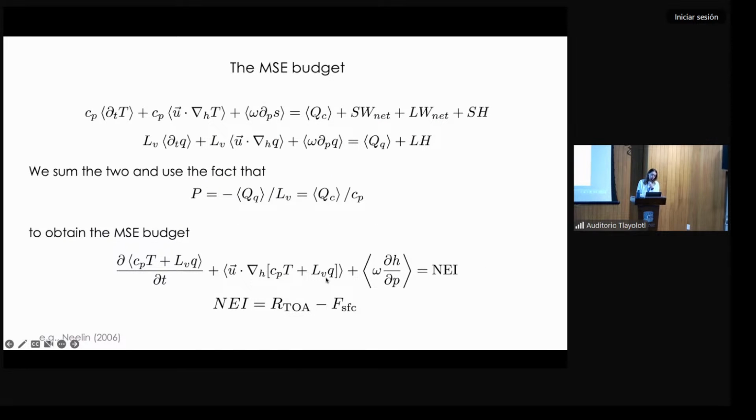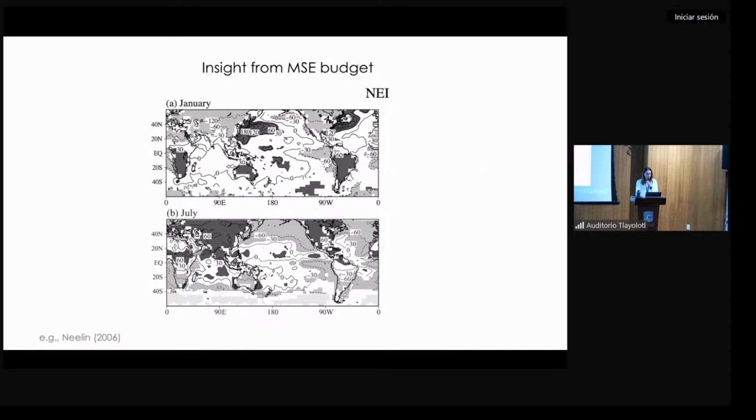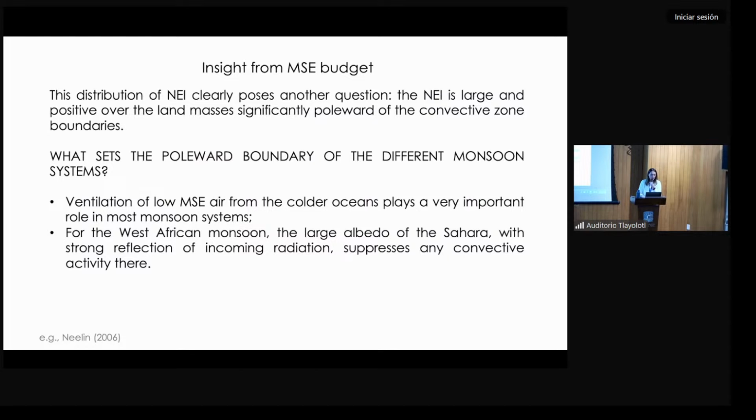And in fact, even moisture gradients, even in the tropics, are not that negligible. And so this is where ventilation comes into play. This is a term that Adrian used. As you start moving away from the deep tropics, ventilation of low moist static energy air from the colder ocean plays a very important role in not letting the convergence zones migrate into extratropical continents.